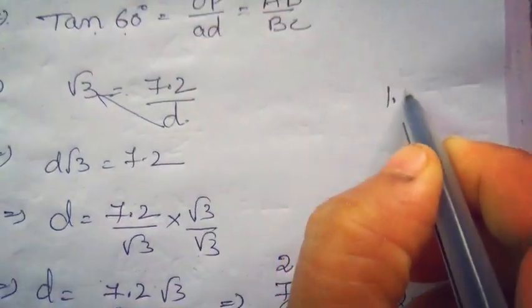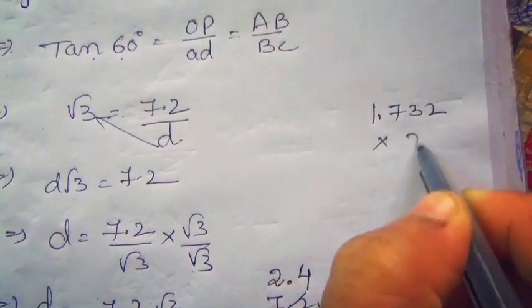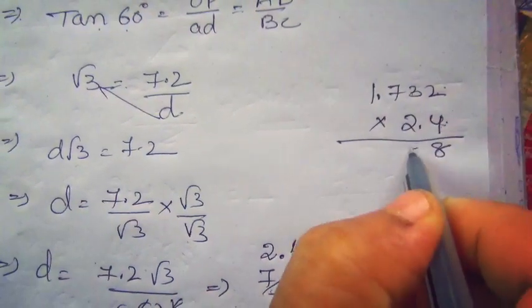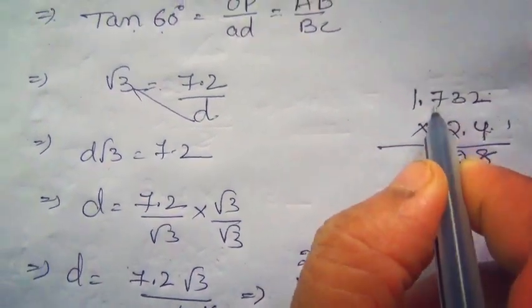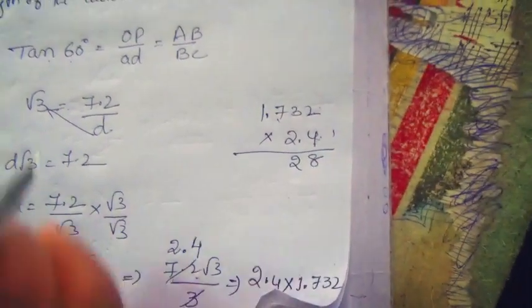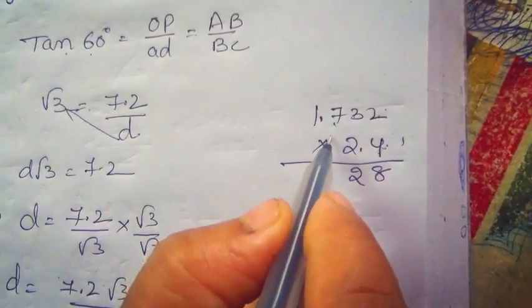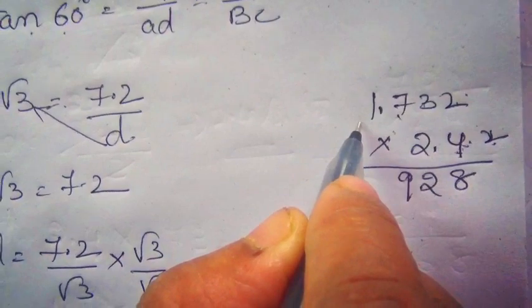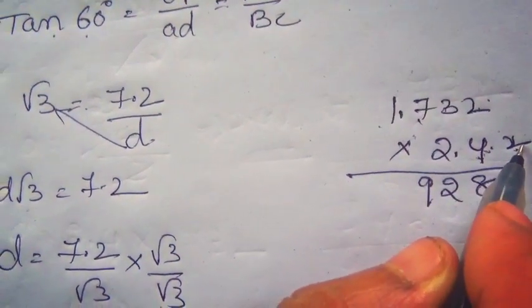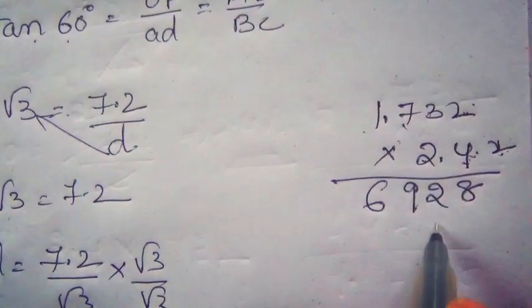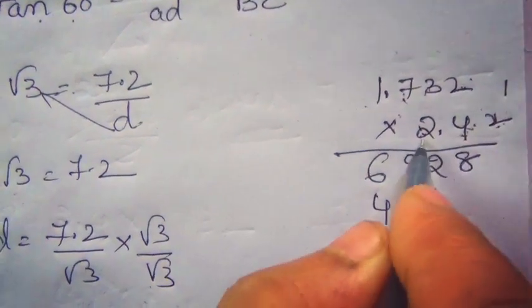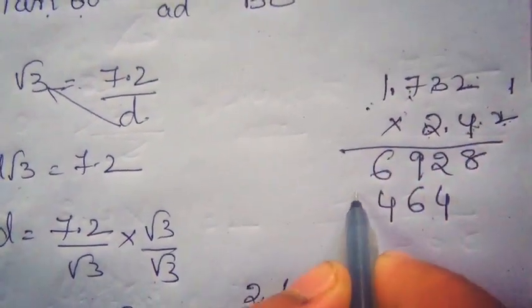Okay, so 1.732 into 2.4 multiplication. 4 twos 8, 4 threes 12, 1 is remainder. 4 sevens 28, 28 plus 1, 29. 2 is remaining here. 4 ones 4, 4 plus here 2 is there, 6. 2 twos 4. 2 threes 6. 2 sevens 14. 1 is remainder. 2 ones 2. 2 plus 1, 3.